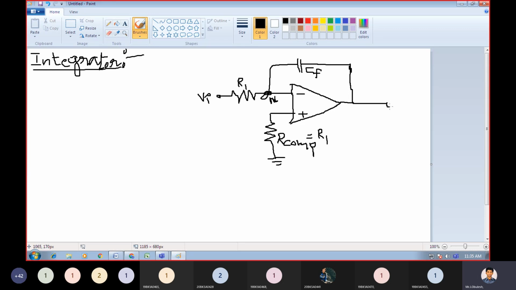Here you will get the output voltage V0 equal to minus 1 by R1 CF integral Vi dt. This is the output you get from the output terminal of the integrator.